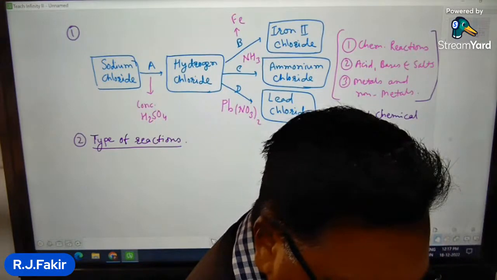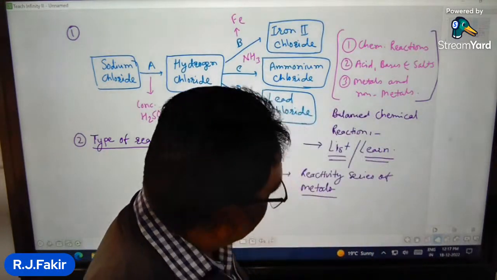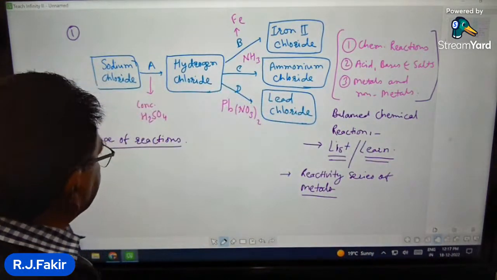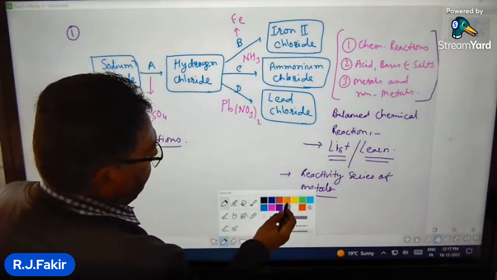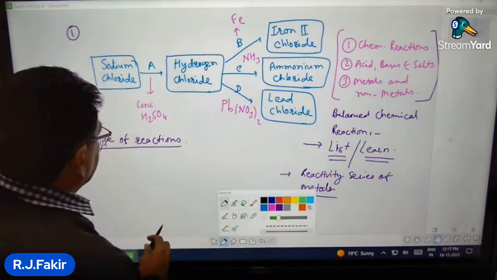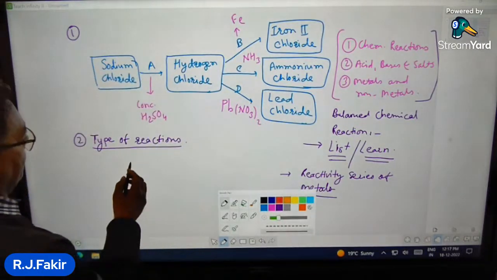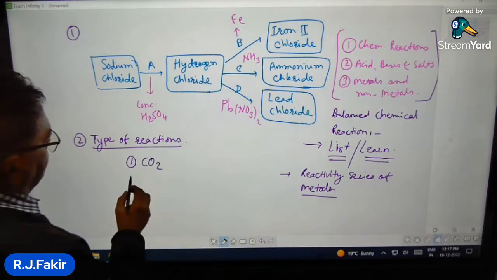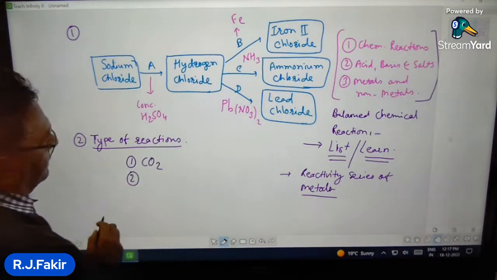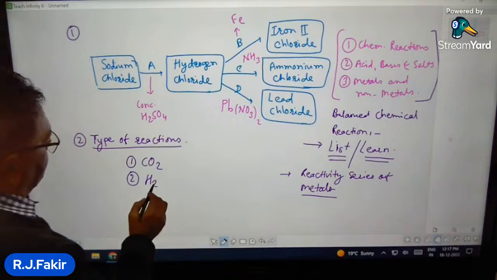Okay, another one will be how you recognize the gas involved. There are generally two gases which are often asked for. The one is carbon dioxide, and the second one is hydrogen.